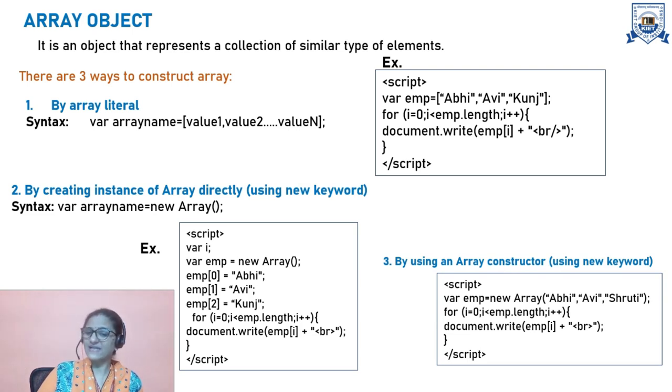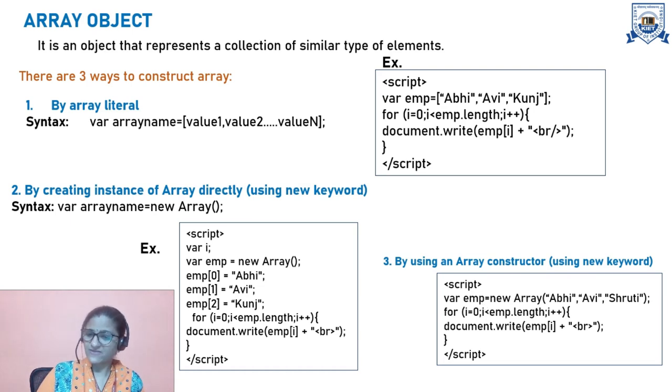The constructor gets activated as soon as we make the object, so we pass the values directly inside the parentheses. So emp gets all the behavior of an array.